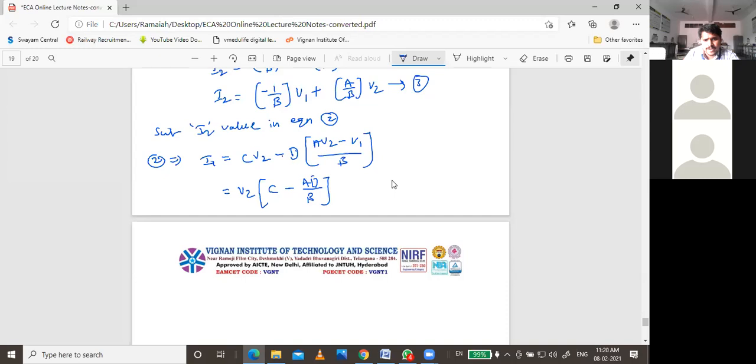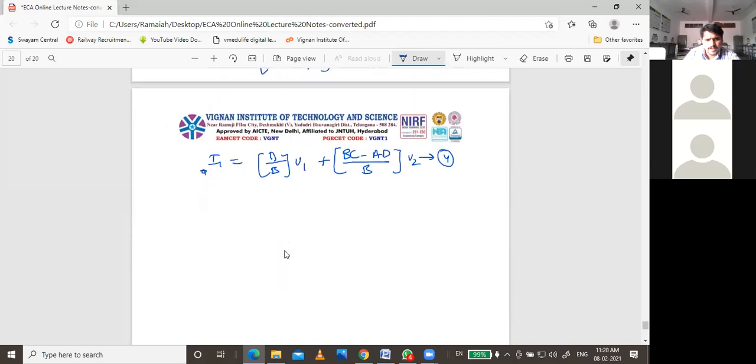Next, minus into minus gives plus D V1 by B. Therefore, I1 equal to, first writing the V1 coefficient, D by B is the V1 coefficient, plus, taking the LCM with B, BC minus AD by B into V2. So equation number 4.